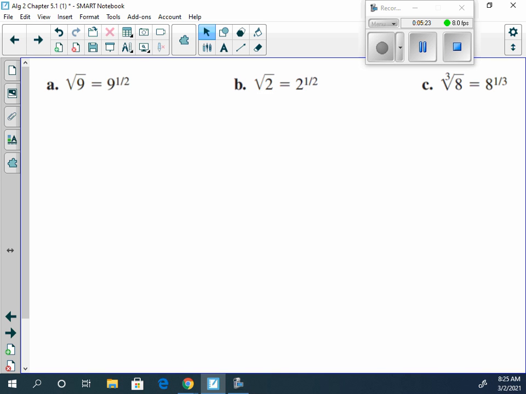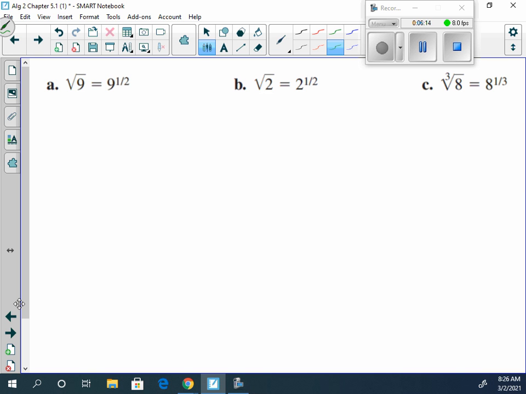All right, let's look at these here. So we have square root of 9 equals 9 to the 1/2. I was trying to remember what we were doing here. We're just really trying to show that this is true, that these do equal.